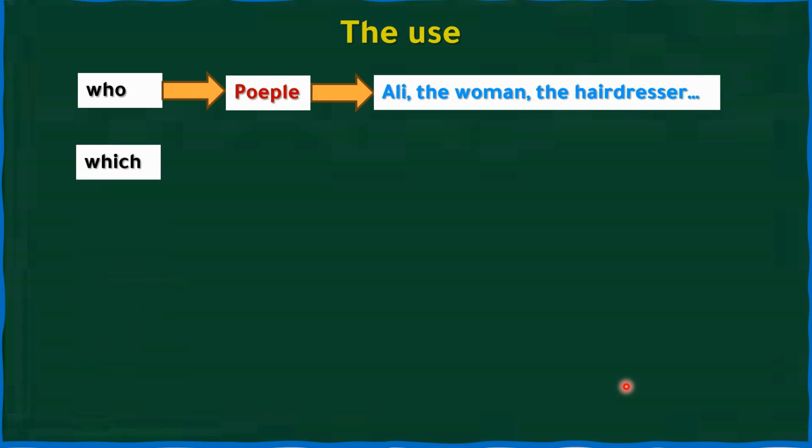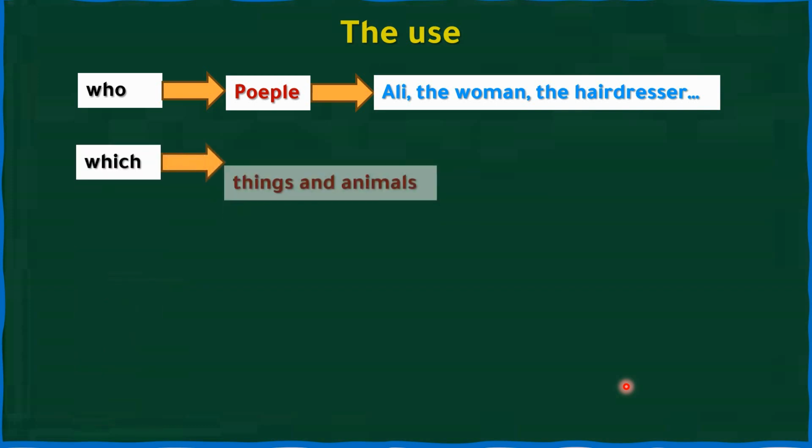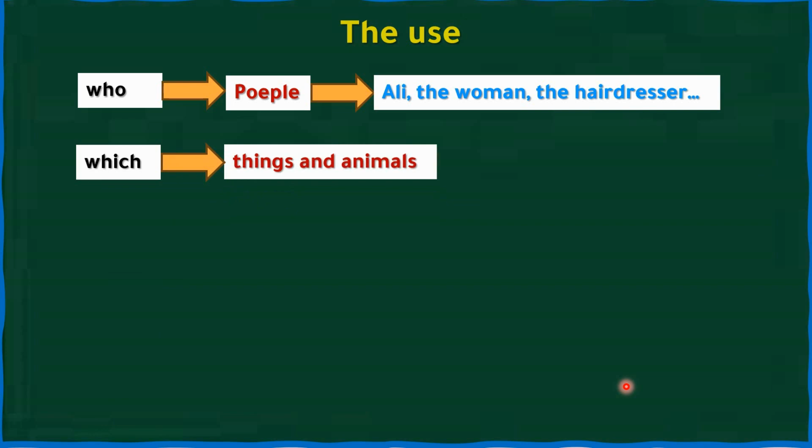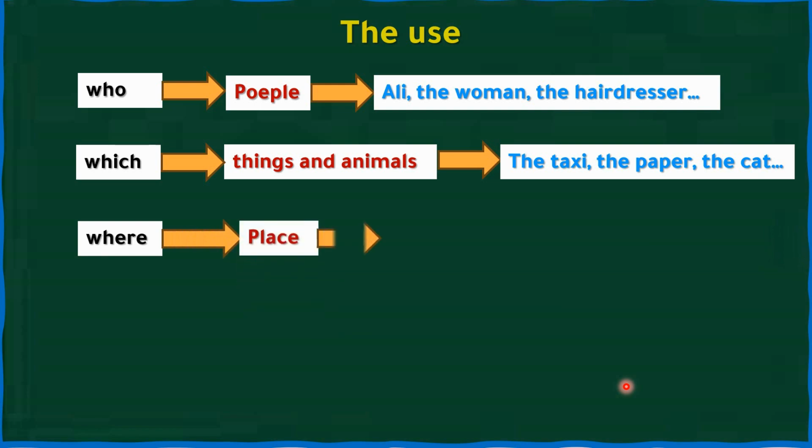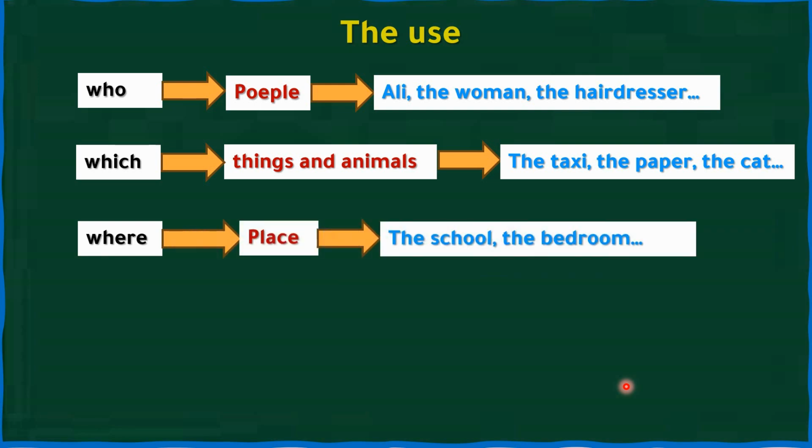Which indicates what? Things and animals, like, for example, the taxi, the paper, the cat, the dog, and so on. And we have where, it is for place, like the school, the bedroom, the supermarket, the mosque, and so forth.